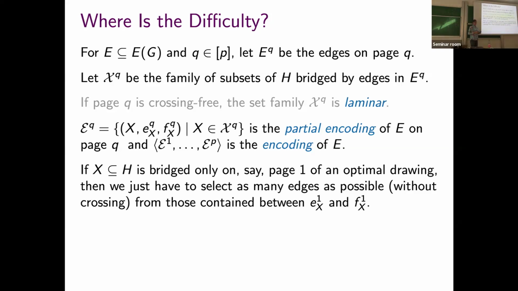But if this subset of the hitting set is active on other pages as well, so if this set QX, which is a set of pages that all have edges mapped to them that bridge the same subset of the hitting set, then it's not clear which edges should go where.